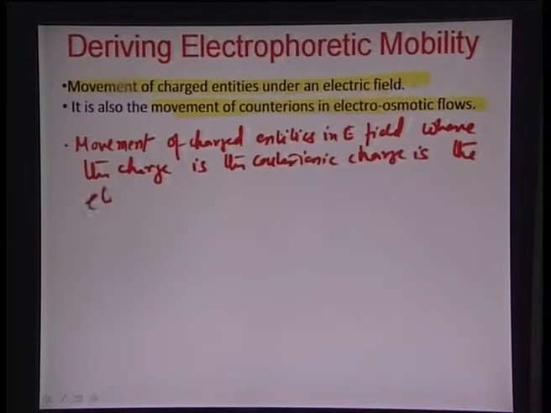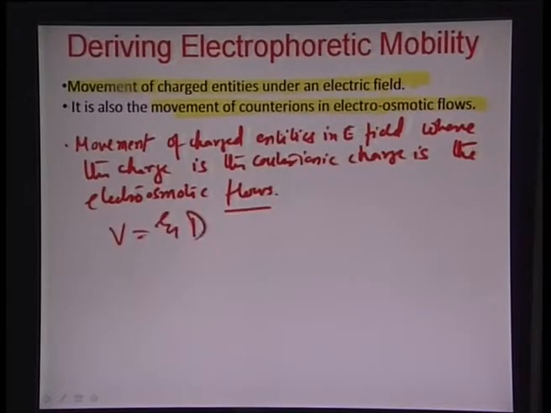Is the electro-osmotic effect. If you remember, if there is a surface which is primarily having a negative charge, it is the counterions which would comprise the bulk flow in case of electro-osmotic flow. Here it is just the opposite, although the velocity v would still be defined as zeta D by 4 pi neta.